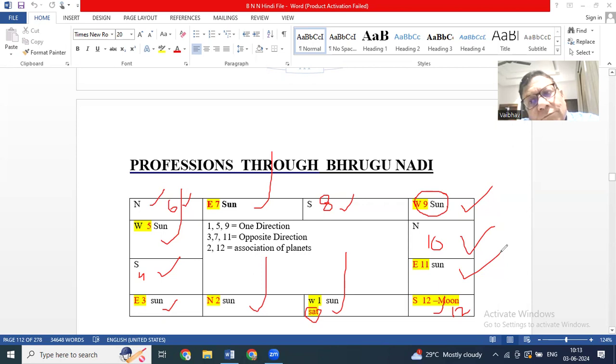Money will come. Salary will be very good. Salary hikes will always be there. Third house, whether it is business or profession, this is a short tour. Always they are on short travel, and through traveling generally they will get business or jobs, traveling-related jobs.